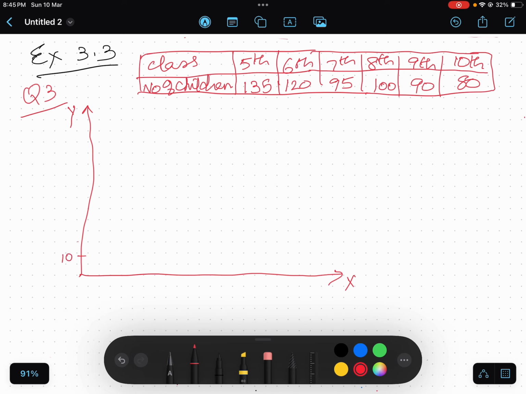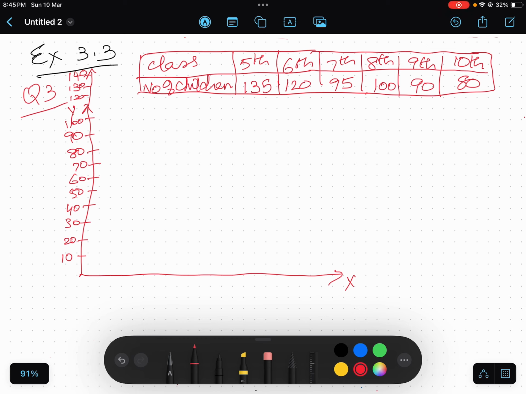So first unit is 10, then 20, 30, 40, 50, 60, 70, 80, 90, 100, and still it goes because we need till 140. So 110, 120, 130, 140.